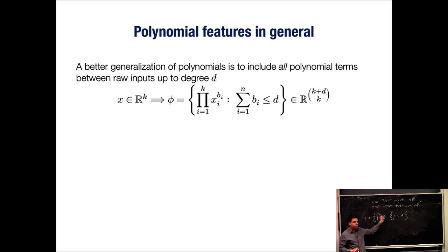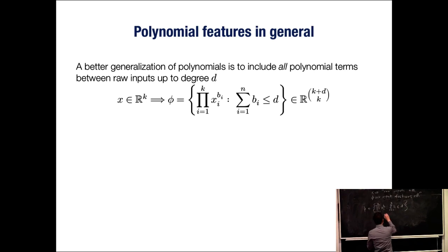Where if, say, all the bi's were 0, then that product would just be 1, right? If b1 is equal to 1 and the rest are equal to 0, then this would just be x1, right? Say I just have these three terms: x1 to the b1, x2 to the b2, x3 to the b3.